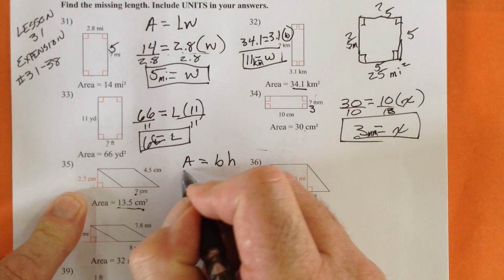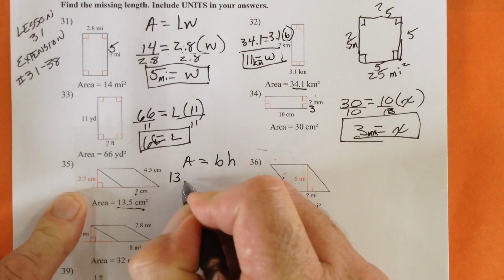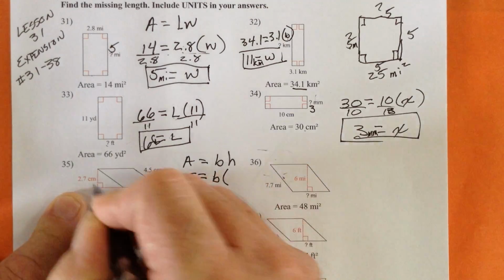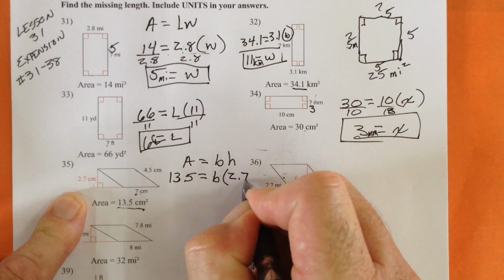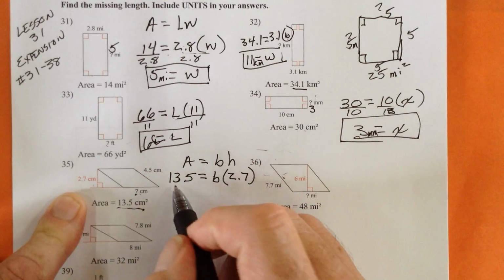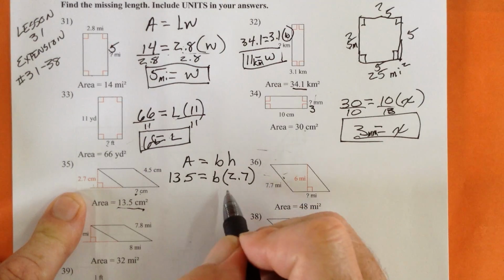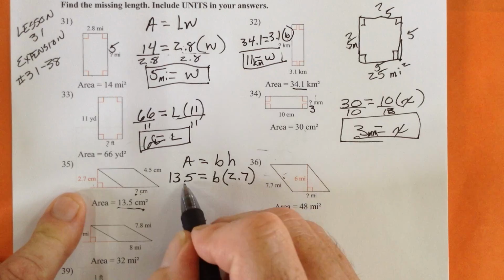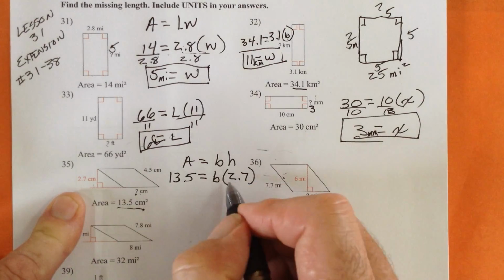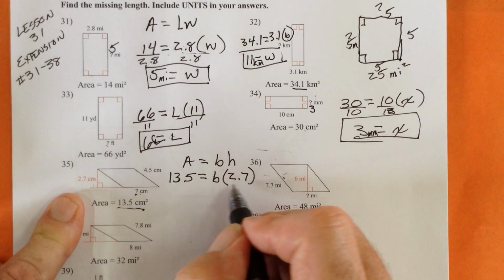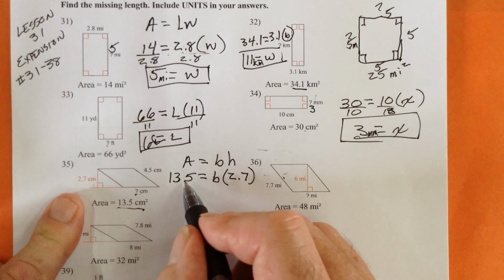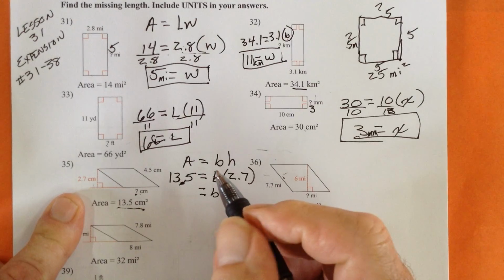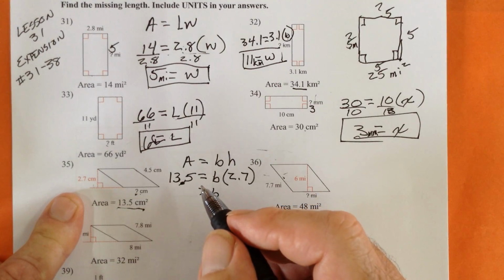So here I would go 13.5 equals, the base I don't know, but I know the height is 2.7. So 13.5 equals some number times 2.7. The opposite of multiplying is dividing. If I go 13.5 divided by 2.7, that will tell you, what did I get?